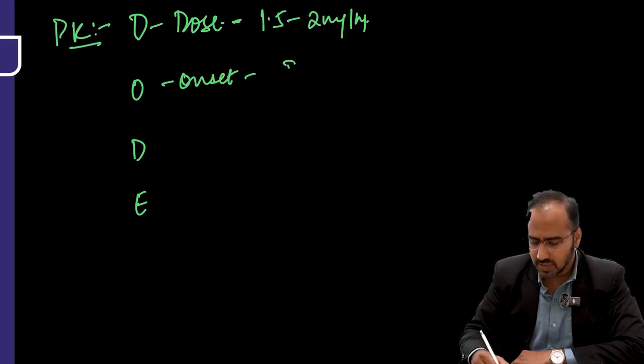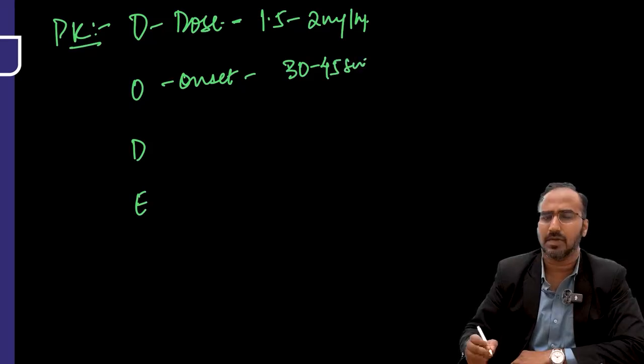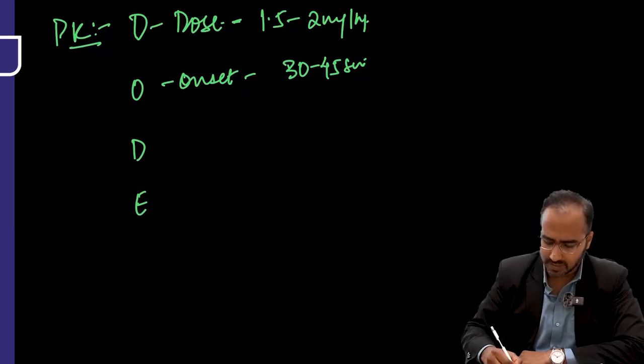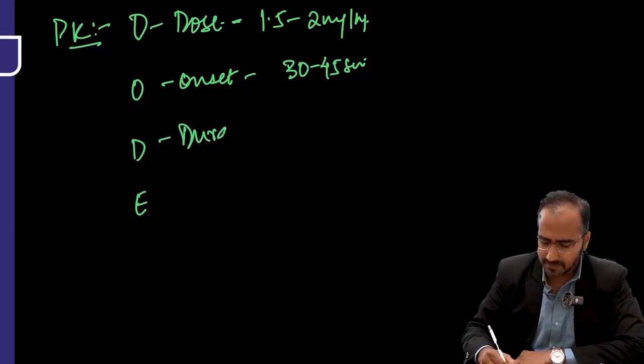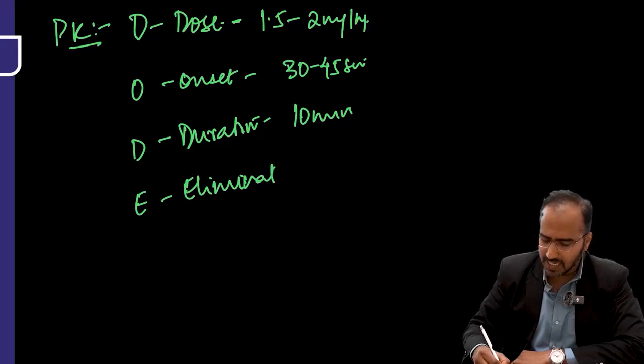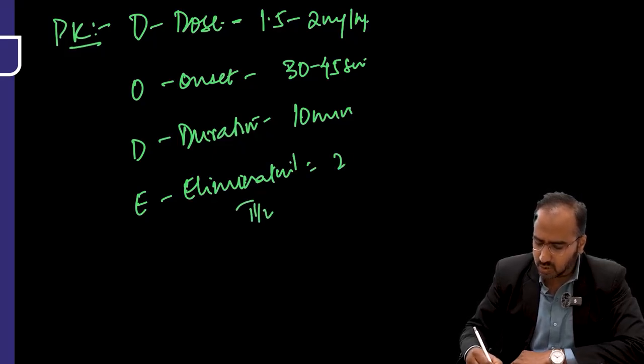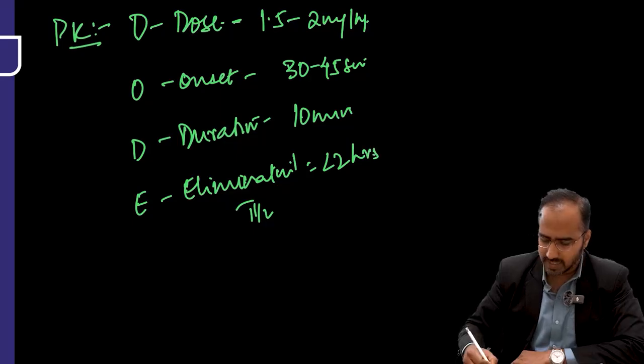After giving this dose, within 30 to 45 seconds, the patient becomes unconscious. Duration is 10 minutes. And E is elimination T-half. Elimination T-half of propofol is 2 hours or less than 2 hours.